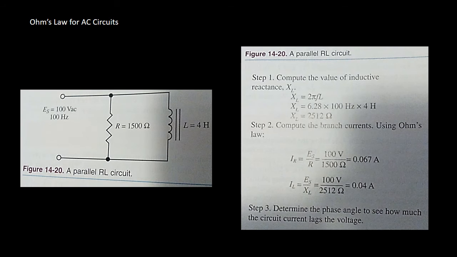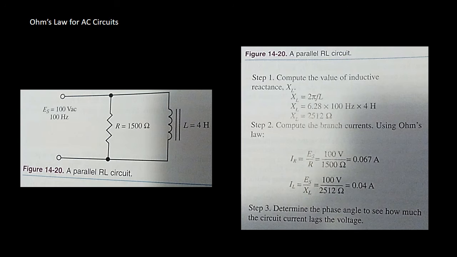Again, to compute this problem, step 1 is to compute the value of inductive reactance, or XL, shown in the formula. XL equals 2 pi FL, which is 6.28 times 100 Hertz times 4 Henries, which equals 2512 ohms. Step 2 is to compute the branch currents using Ohm's law.